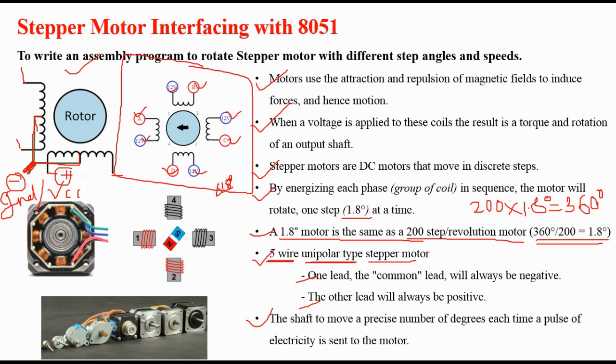If you put this particular terminal to ground, then the other terminals you will have to put at a positive level excitation, and if you put this to VCC, then you will have to make those pins low in order to make this particular motor turn on or rotate.